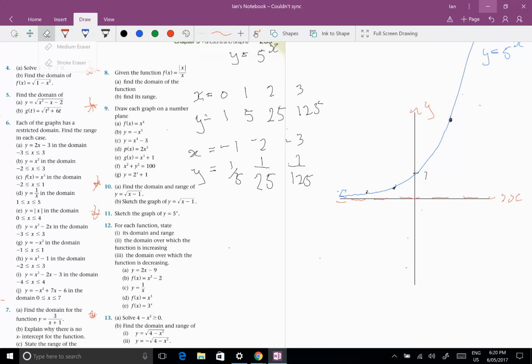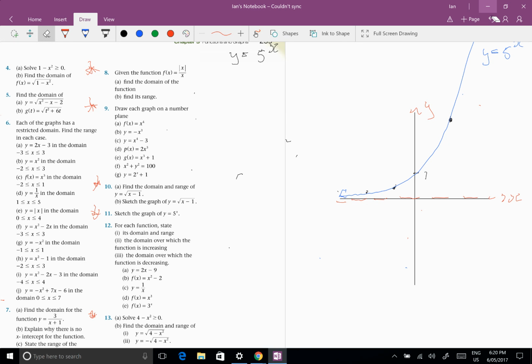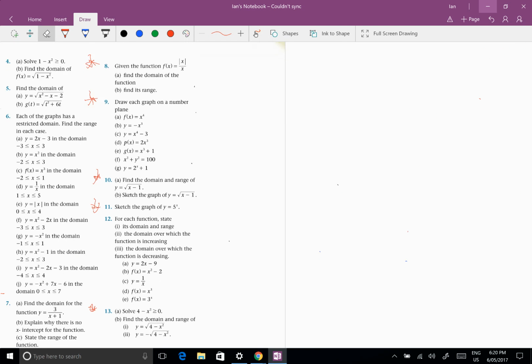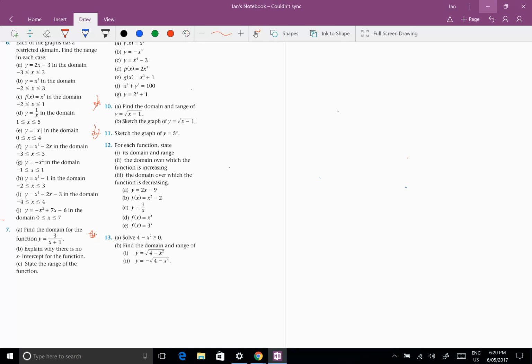So finally, let's look at question 13. First it tells me to solve 4 minus x squared. Well, as soon as you see that, you go, your beauty. This is a quadratic inequality. 4 minus x squared greater than or equal to 0.